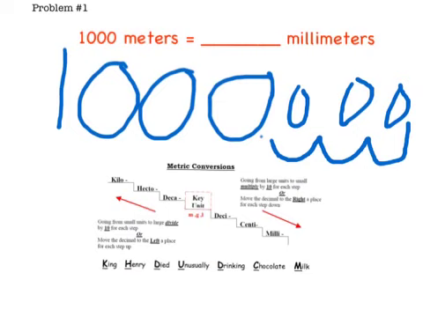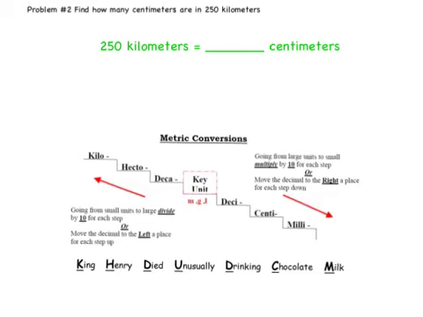We can see that we need to make 250 kilometers into blank centimeters. If we go back to the chart, we can see we need to go 5 to the right and down.